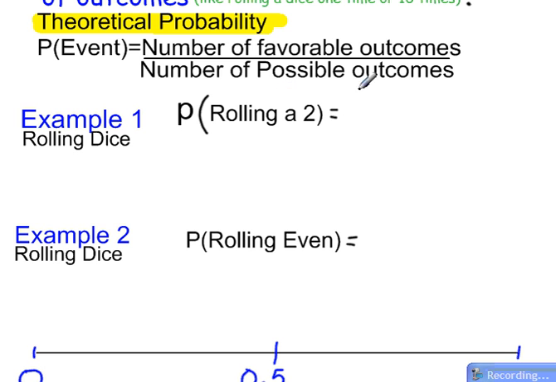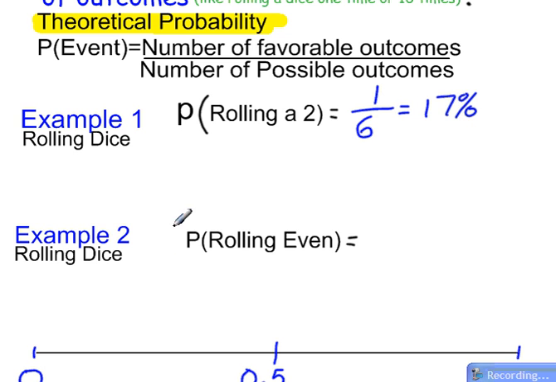The probability of rolling a 2, since there's one 2 on the dice and 6 total numbers, would be 1 out of 6, which would be about 17% probability of rolling a 2, because one of my 6 numbers is a 2.